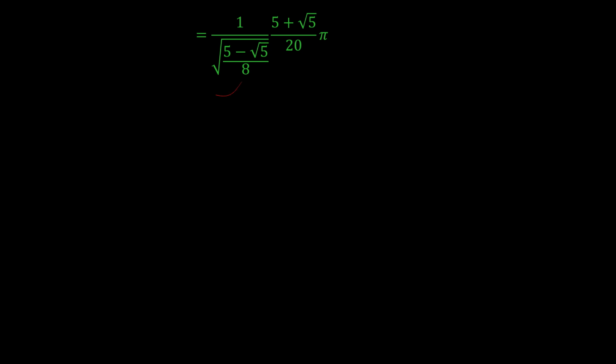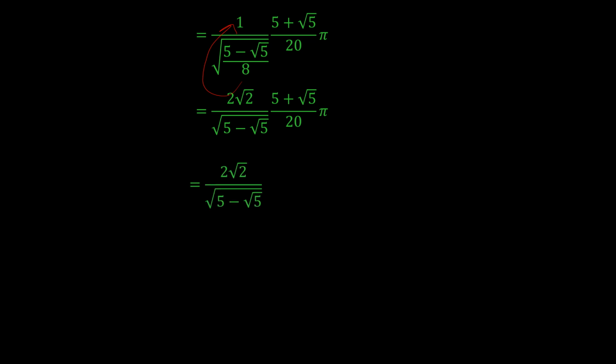This 8 here can go up, square root of 20 can go up, and we have, since we know square root of 8 is the same as 2 root 2, and then we have 2 root 2 over 5 square root of 5 minus 5 square root of 5. And the next thing we would want to do is we multiply both the numerator and denominator by square root of 5 plus root 5.